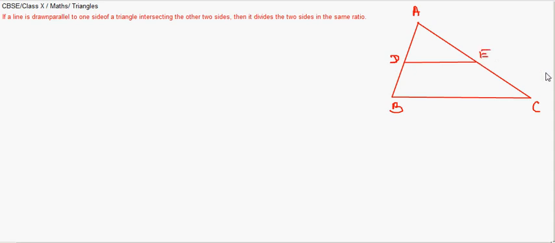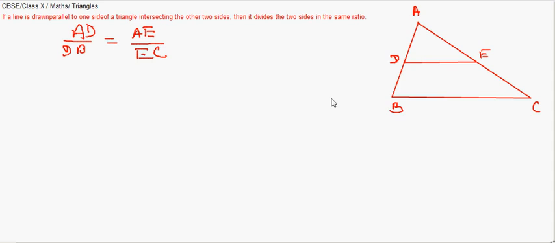Now this DE is parallel to BC and intersects the other two sides. That means DE is intersecting AB and AC. Then this line DE is dividing the other two sides, AB and AC, in the same ratio. That means AD by DB is equal to AE by EC. That's what we have to prove.